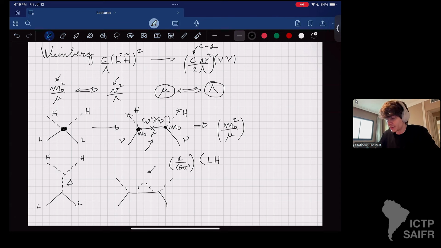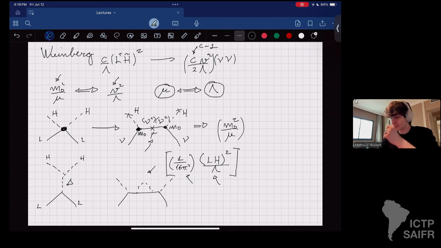Because it's a higher loop order, you start paying this penalty of 16 pi squared factors, and that helps you make neutrino masses smaller with a lower scale lambda. So this number can be smaller just because of this prefactor here.